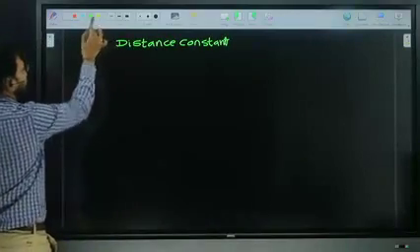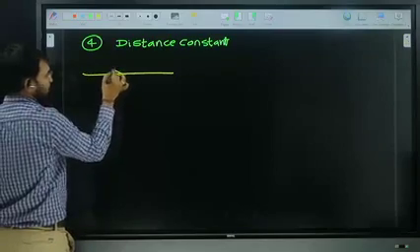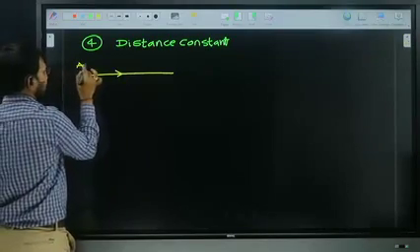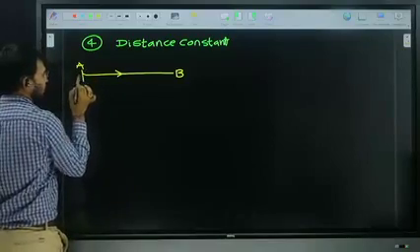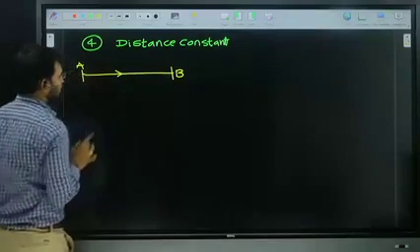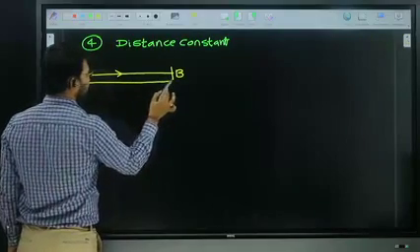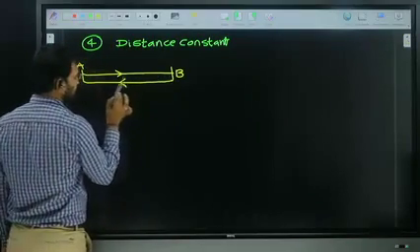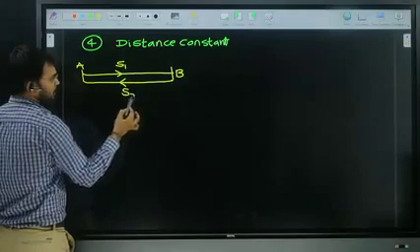Say for example, a man travels from A to B, and the same person travels from B to A. The forward journey speed is s1, and the backward journey speed is s2.